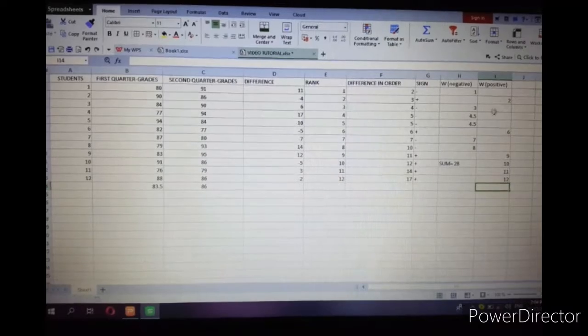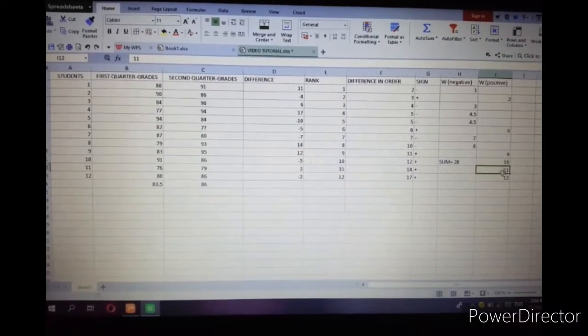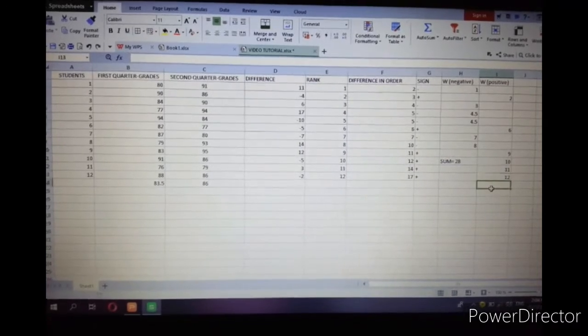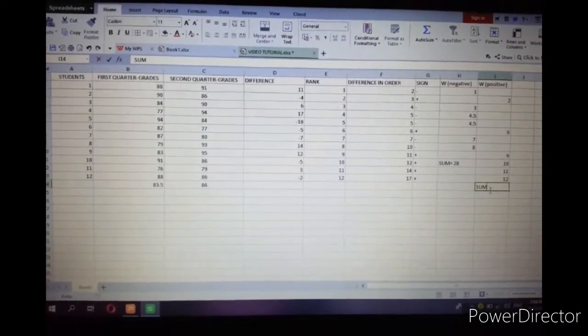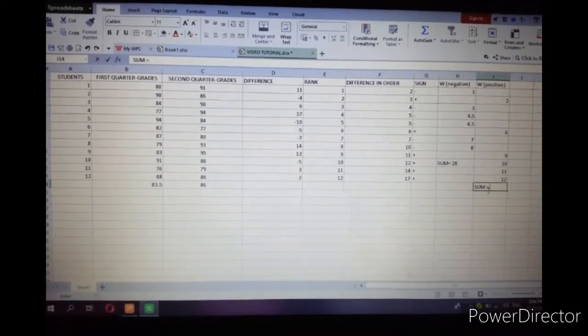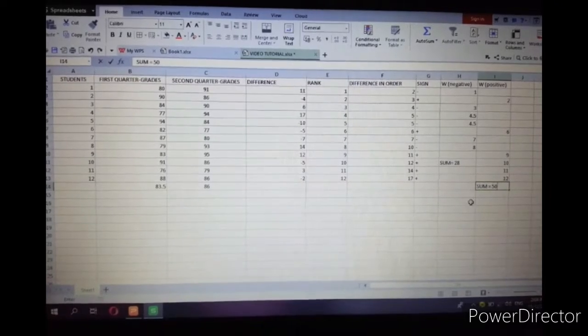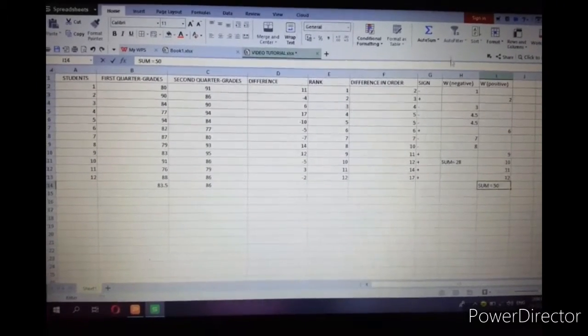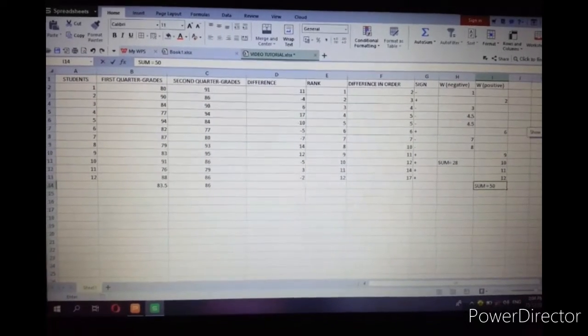So the summation is 2 plus 6 plus 9 plus 10 plus 11 plus 12, which is equal to 50. So we are done computing the summation of the negative differences and the positive differences.